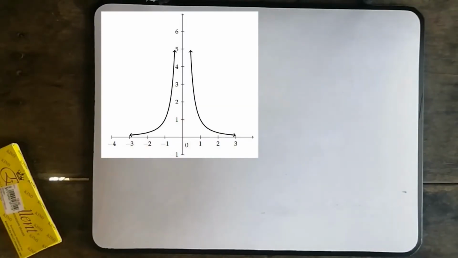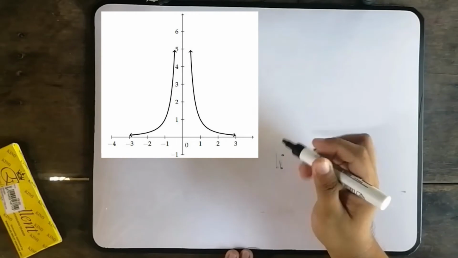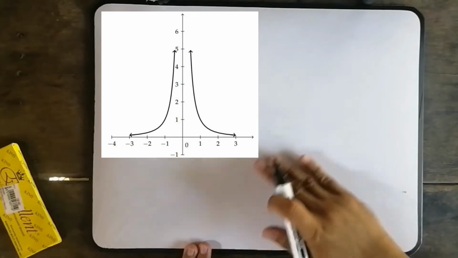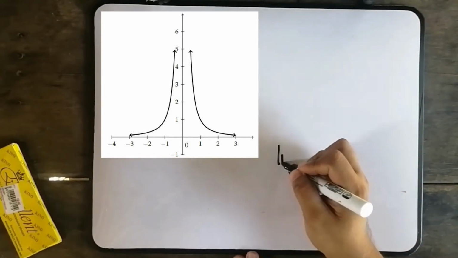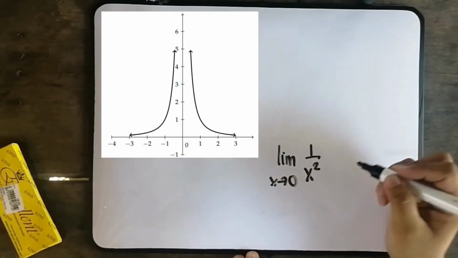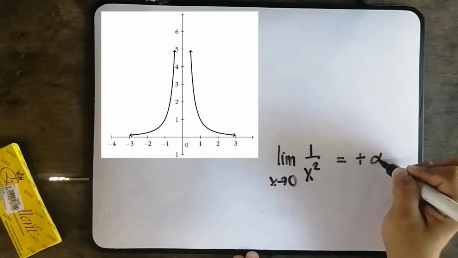Going back to our previous example, f of x equals 1 over x squared, pansinin ninyo na from the left, f of x approaches infinity, while from the right, f of x also approaches infinity. Therefore, we say that the limit of 1 over x squared as x approaches 0 is actually equal to positive infinity.